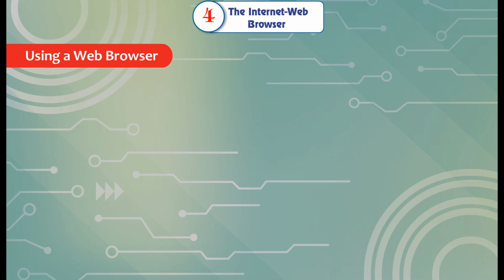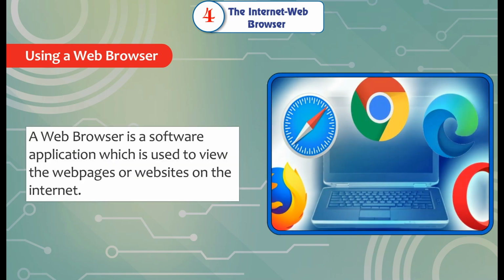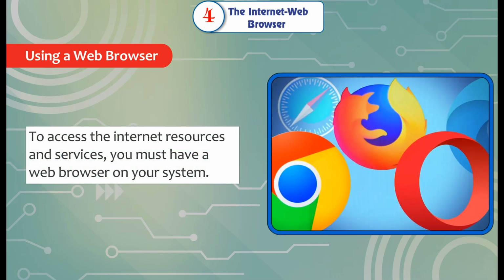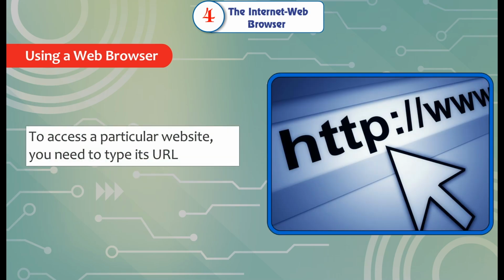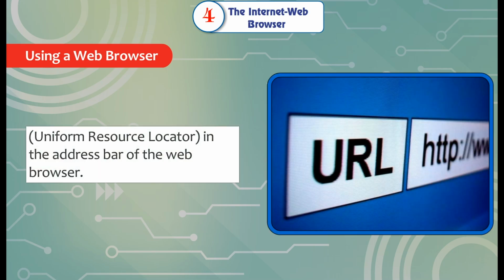Using a web browser. A web browser is a software application which is used to view the web pages or websites on the Internet. To access the Internet resources and services, you must have a web browser on your system. To access a particular website, you need to type its URL, Uniform Resource Locator, in the address bar of the web browser.